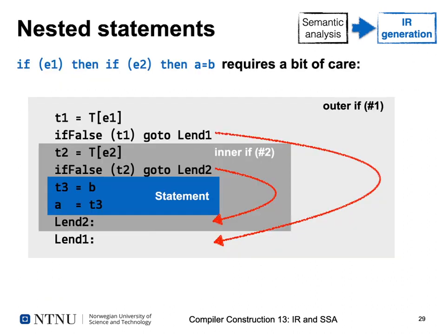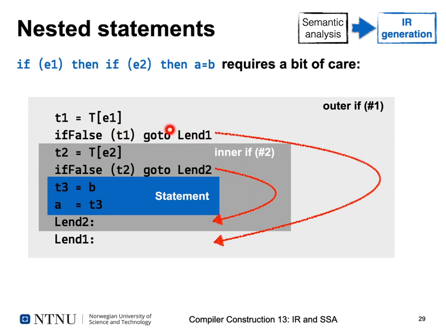Now you need to take a bit of care when you translate nested statements. So if you have a statement like this, if expression 1 then, if expression 2 then assign B to A, this requires a bit of care when generating the labels and the order. So you have to do this recursion again. So first you have to evaluate E1 and implement the if.